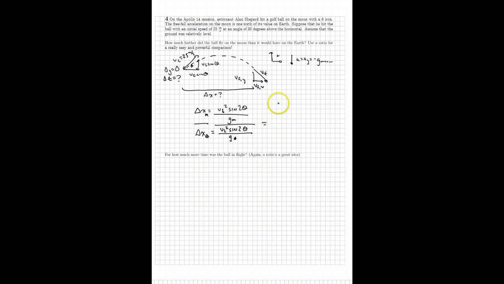So what I get here is that delta x moon over delta x Earth is, I can cancel out all of this except for these two denominators, and if I reduce that fraction, I get g Earth over g moon. And I can go a step further. I know that the g moon is 1/6 g Earth.